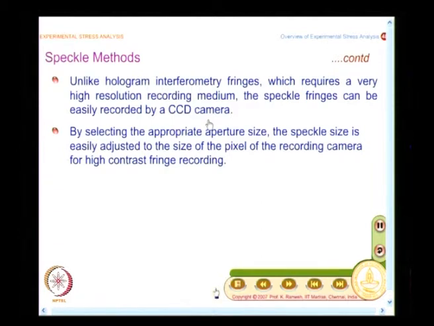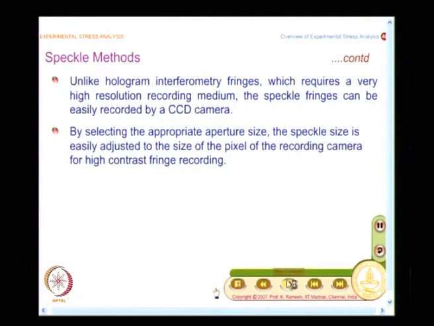And by selecting the appropriate aperture size, the speckle size is easily adjusted to the size of the pixel of the recording camera for high contrast fringe recording. So, you have a provision by which you can adjust the optical system until you get good fringes in your recording medium.